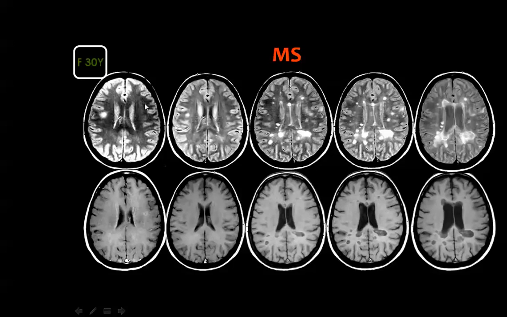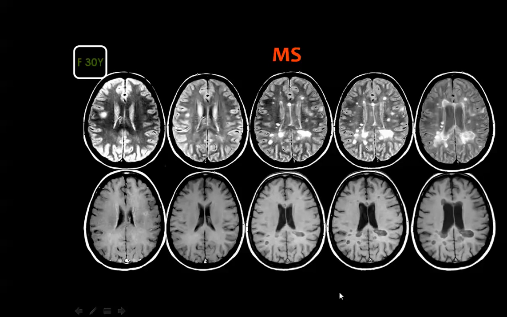The major differences lie in the age of the patient, which is around 30 years old, and the lacunar infarctions are usually in old patients with a known history of hypertension plus or minus diabetes. The MS plaques are intimately related to the ventricular wall.